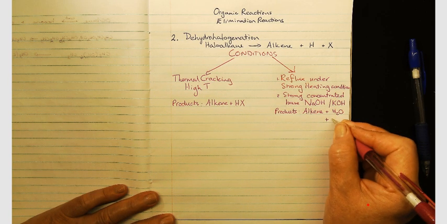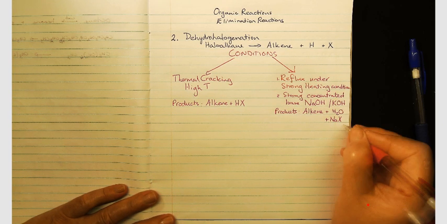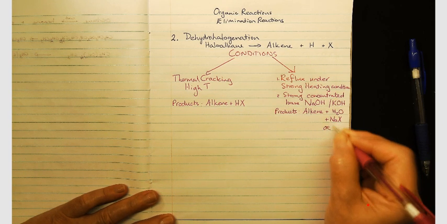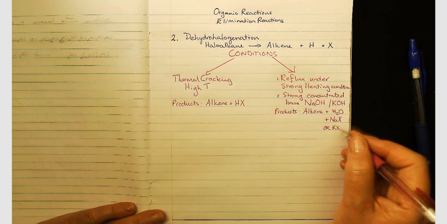So you will form sodium halide or potassium halide, whatever the halogen is.